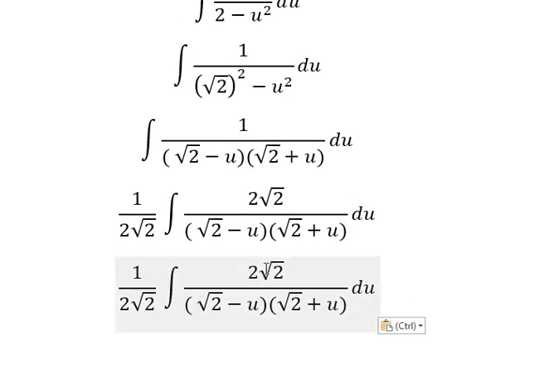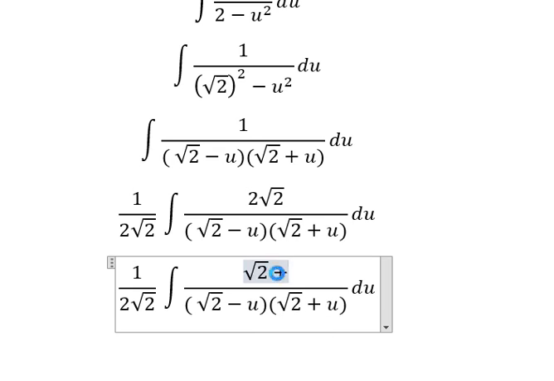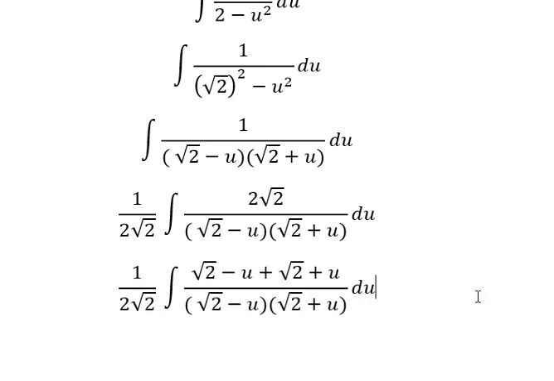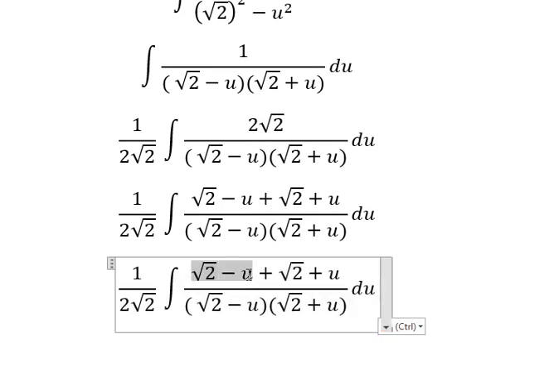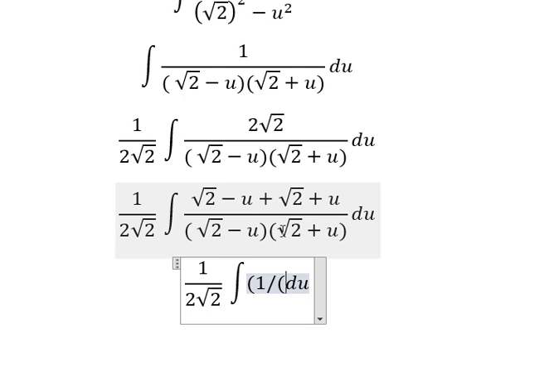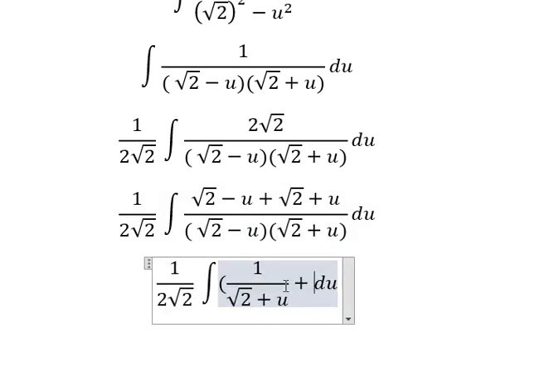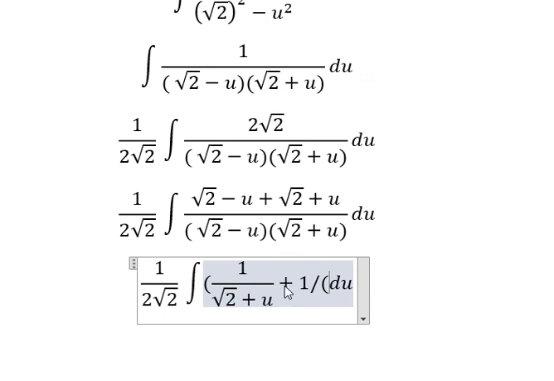So 2 times the square root of 2 is the square root of 2 plus the square root of 2. Next, we put negative u. Later we need to add back u here. So this one divided by this one divided by this one. So we will have 1 over the square root of 2 plus u, and 1 over the square root of 2 minus u.